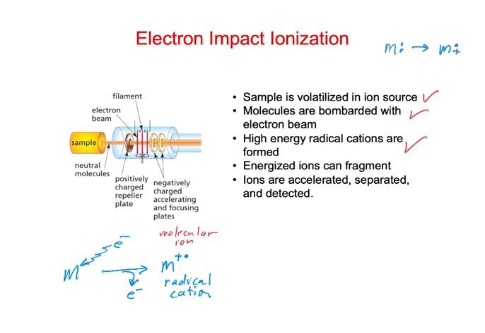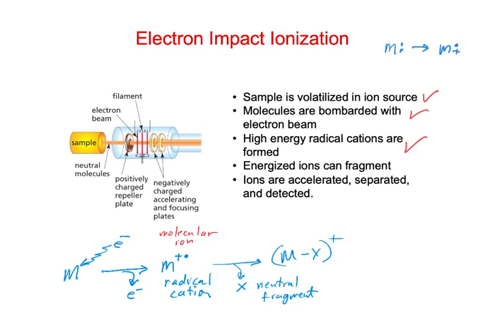Then what can happen is, if this is energized, it can fragment. So we can lose, I'm going to draw it just as an X, some neutral fragments. We will not detect them. We only detect, in this technique, the cations. Okay, so then we're going to generate some M minus X with a plus.